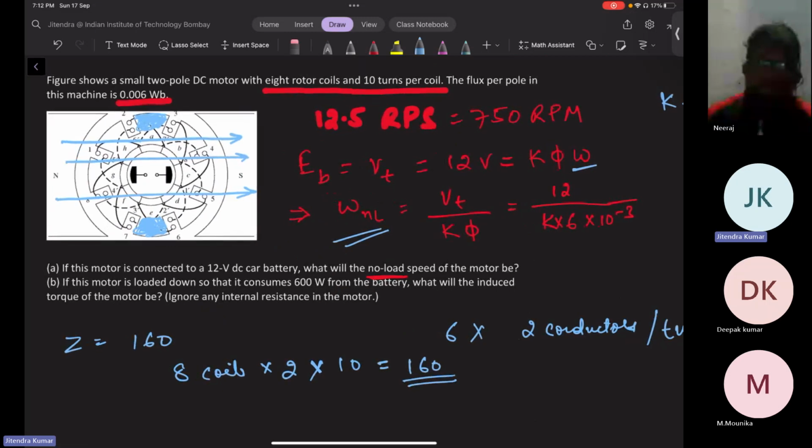If the motor is loaded down so that it consumes 600 watts from the battery, what will be the induced torque of the motor? So it is asking for torque, right? Immediately, what should come to your mind?